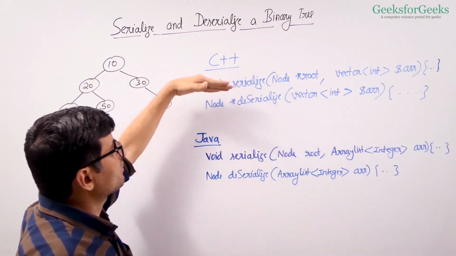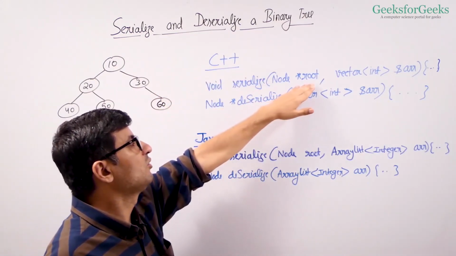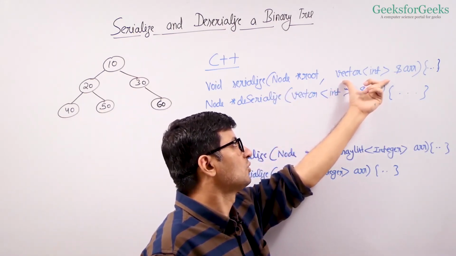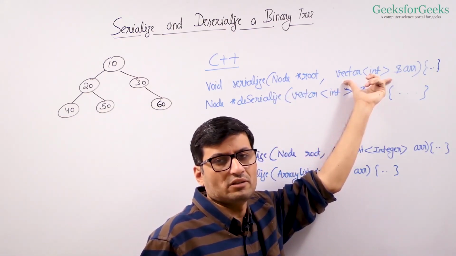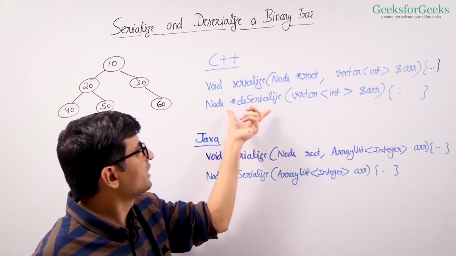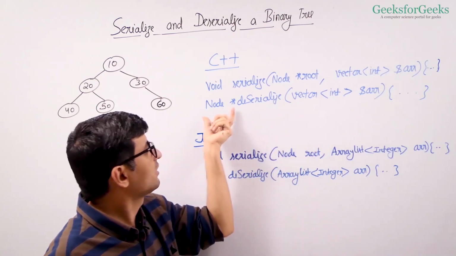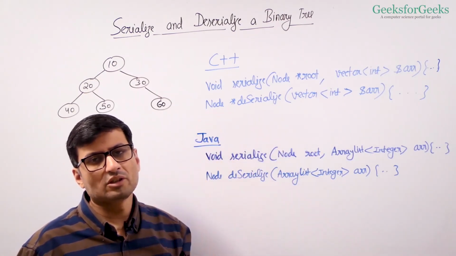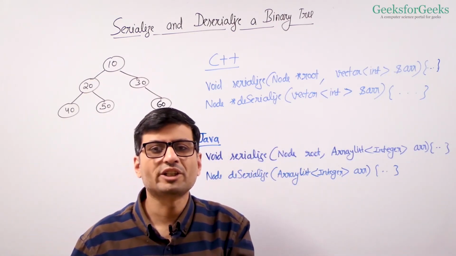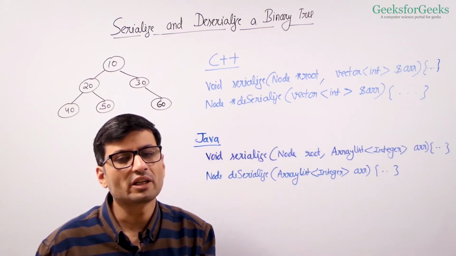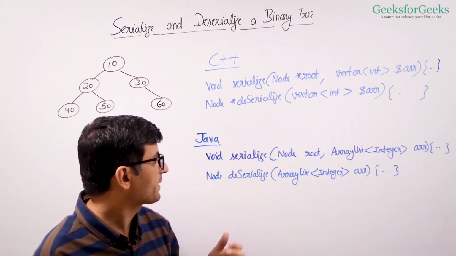So our serialize function is going to take root of binary tree as an argument and it's going to fill the root's content in this array. Our deserialize function is going to take this array as an argument and it's going to return the root. So serialize function fills the data into the array, deserialize function takes the array, constructs the tree and returns the root of the constructed tree.